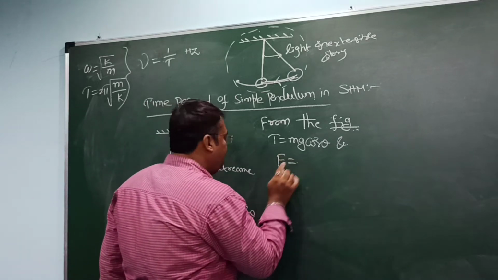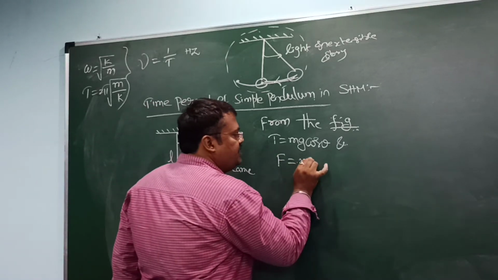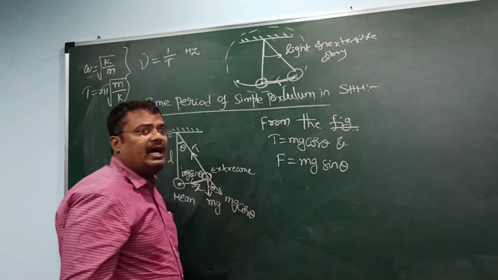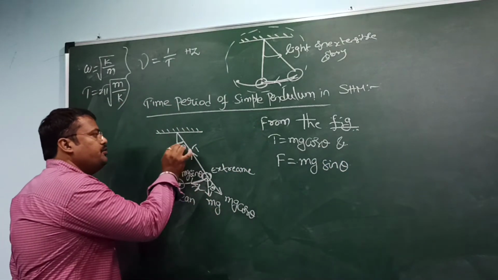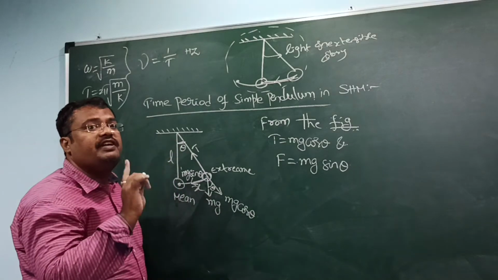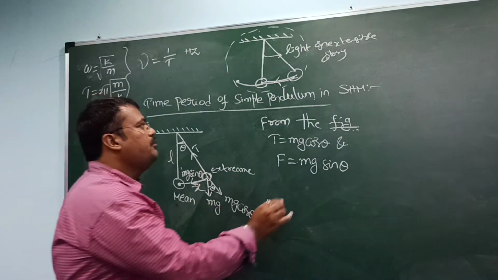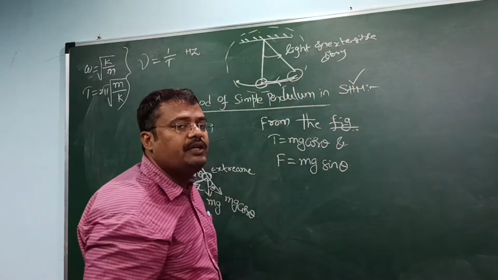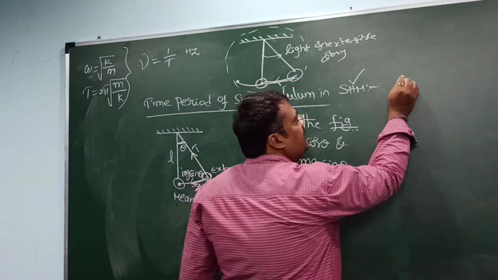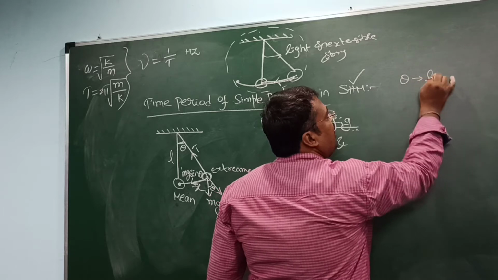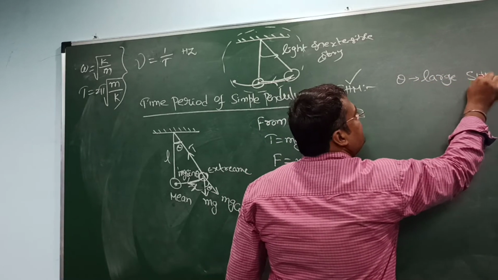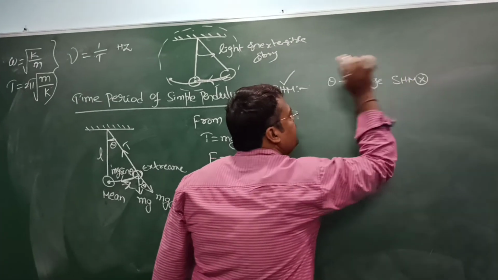That is F is equal to mg sin theta. I explained already to you, this theta is very small. At that time only the particle has simple harmonic motion. Otherwise, if theta is very large, it is not a simple harmonic motion.